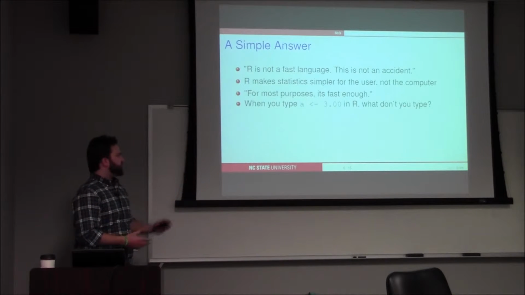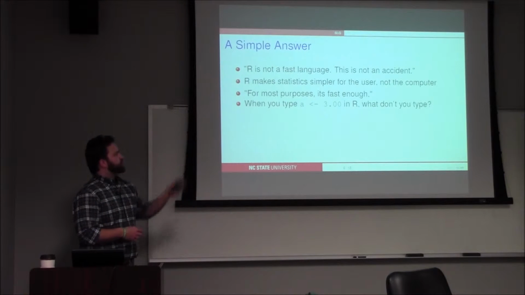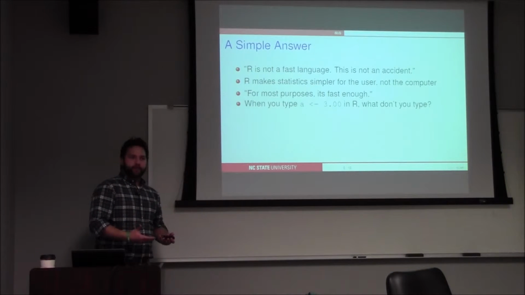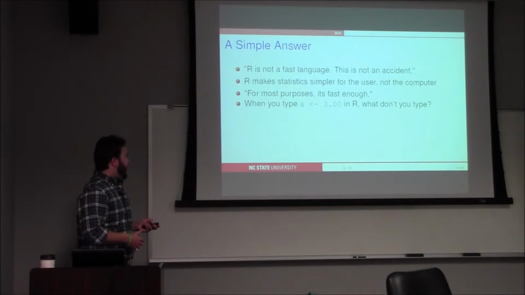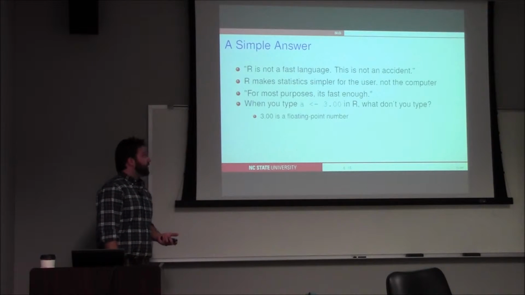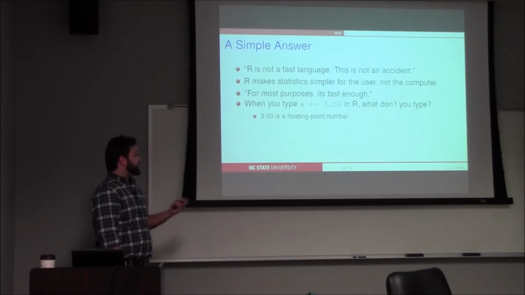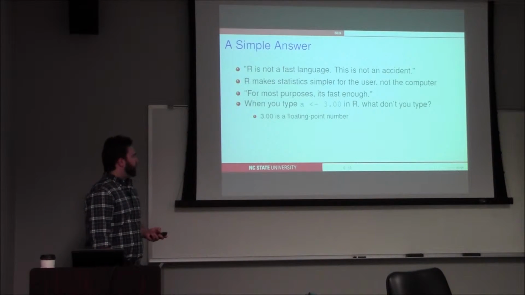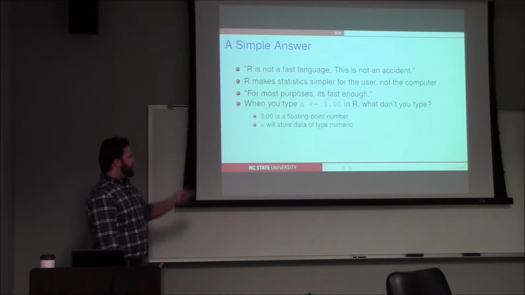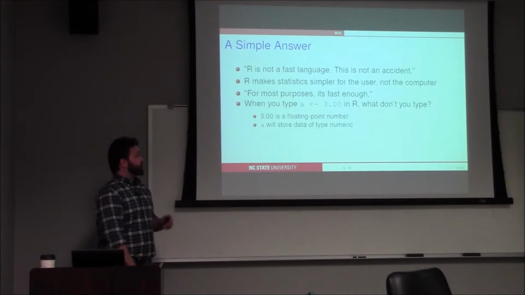So what are the things that you're not telling R when you simply assign this value 3 to the letter A? Well, first of all, you're not telling R that 3.00 is a floating point number. R is asking itself that question and inferring, based on what you type, that that is indeed a floating point number.